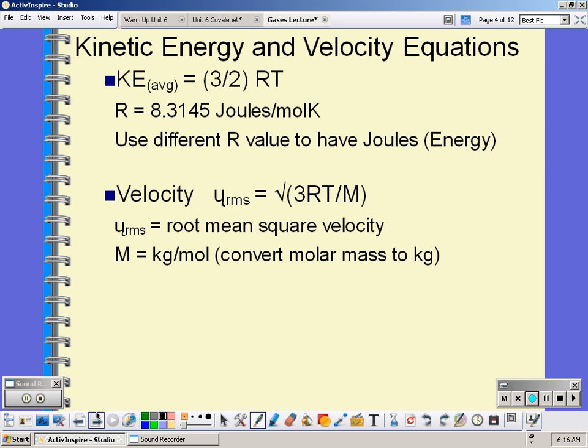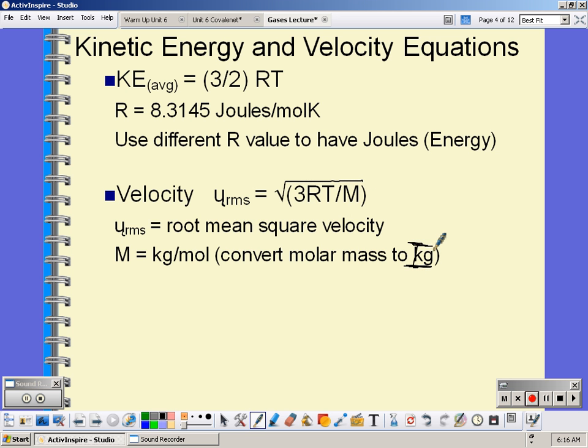So we can relate kinetic energy and velocity by using the root mean square velocity. So you have the root mean square, and that's equal to the square root of 3 times R times T divided by M, where M is your molar mass. But notice that it has to be in kilograms.